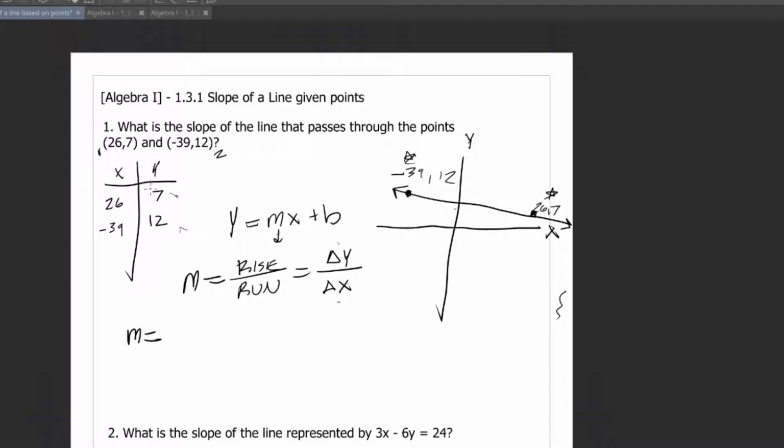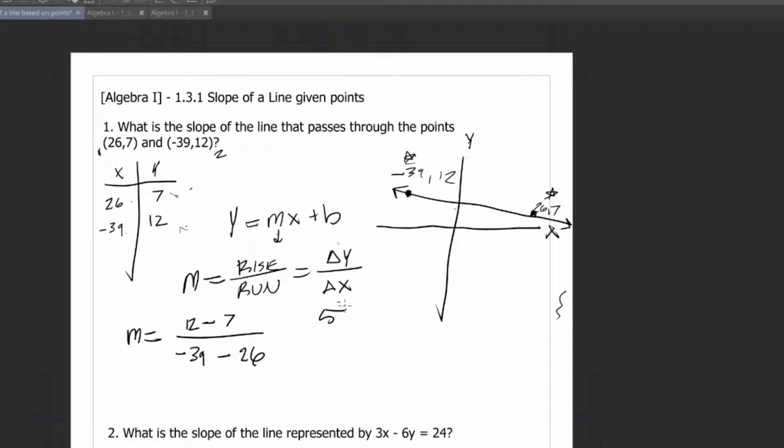m equals rise, so delta y, which is going to be 12 minus 7, divided by, same thing, negative 39 minus 26. So what do we get up top? We get 5, right?